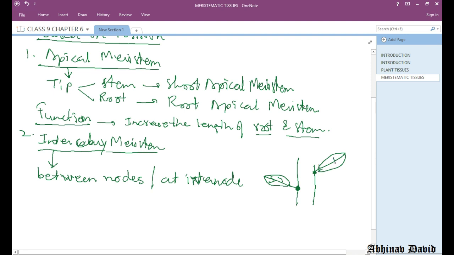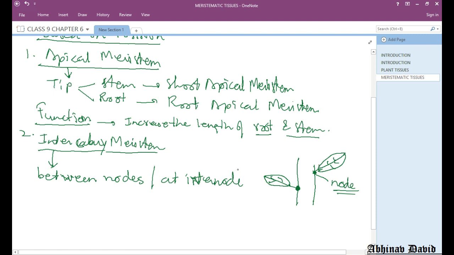So the place on the stem of the plant from where a new branch or a new leaf arises is called a node.